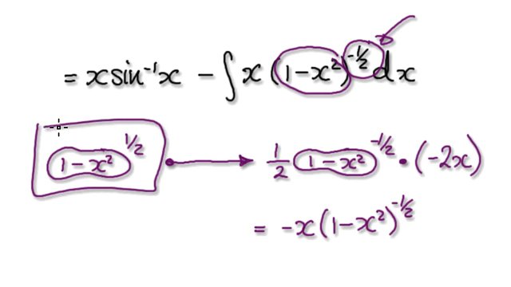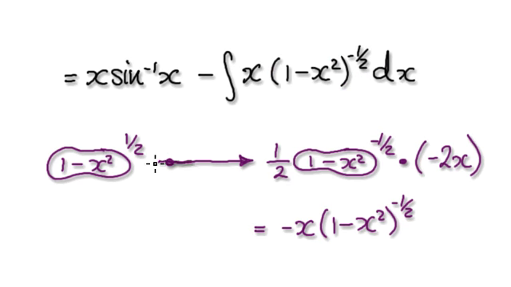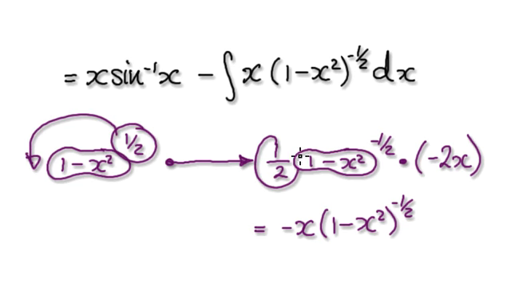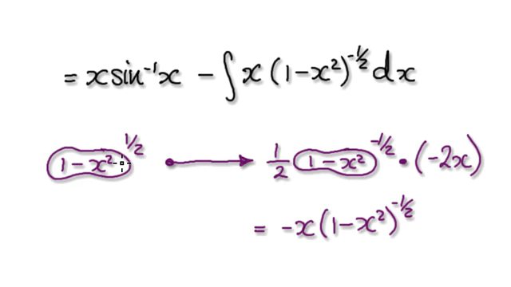So if you differentiate this, the power comes down here. That will give you a half, and then the bubble stays intact, and then this power here gets reduced by 1.